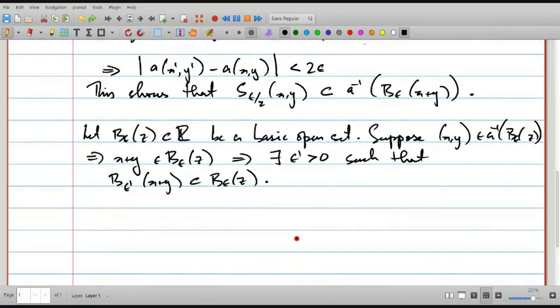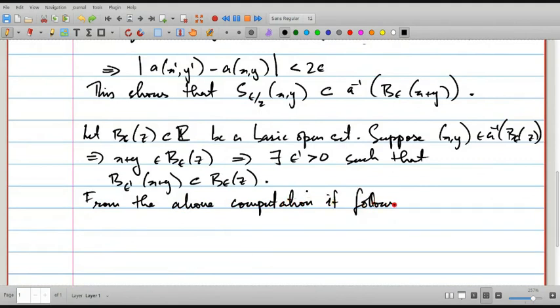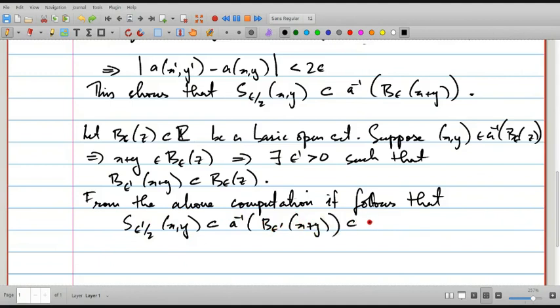So from the above observation, it follows that S epsilon prime by 2 of (x, y) is contained in A inverse of B epsilon prime of x plus y, which is contained in A inverse of B epsilon z.